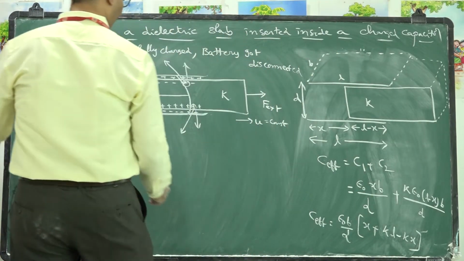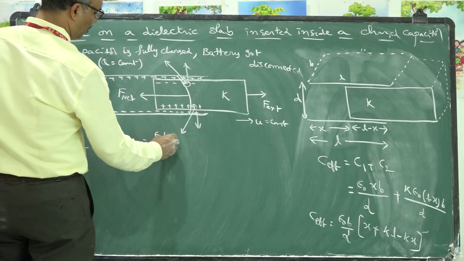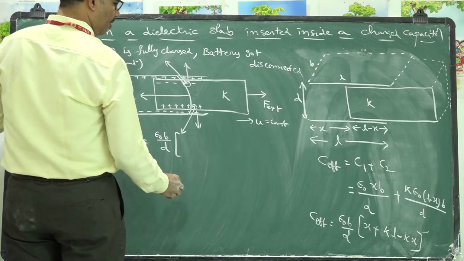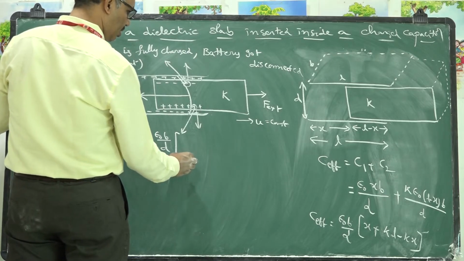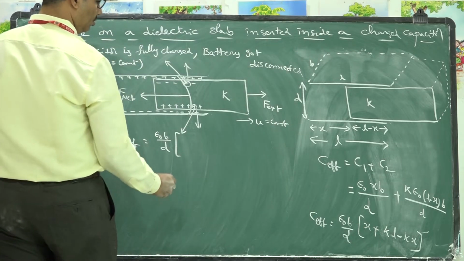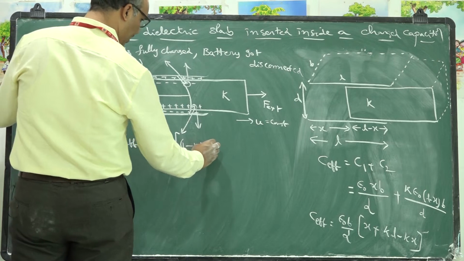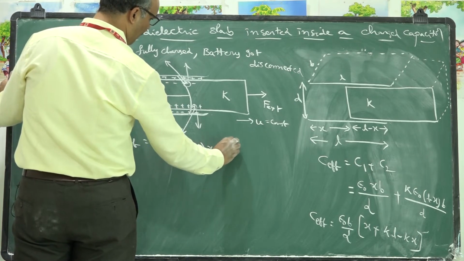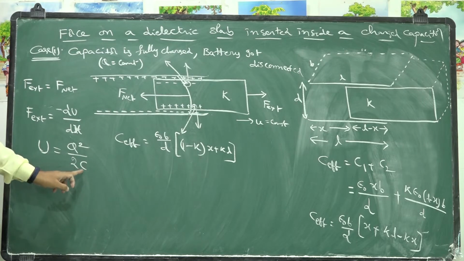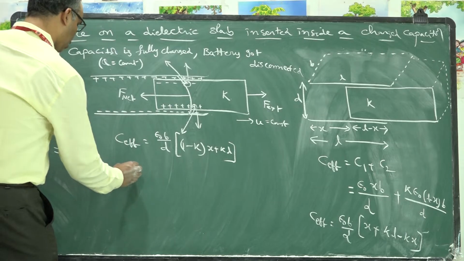So finally, if I take x common in these two terms, the effective capacitance is epsilon naught B by D into 1 minus k into x plus KL. I got the capacitance.